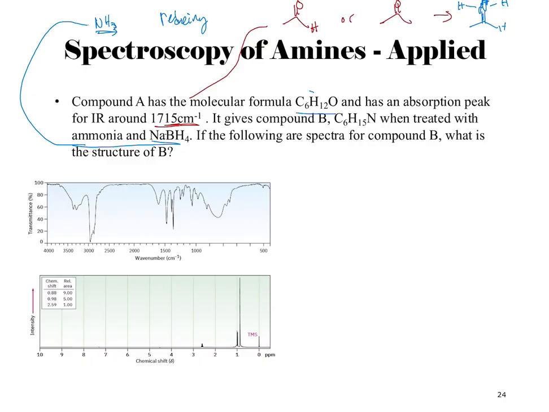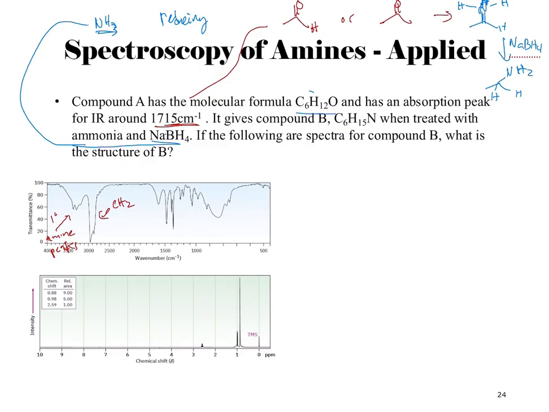And if it's converted into an imine and then reduced with sodium borohydride, then it'll get reduced into an amine. So that's how we're going to generate our amine here. If we look at the IR spectra, we see that this is an amine peak or peaks. And if we have 2 peaks, that means that it's going to be a primary amine. These look like CH2 stretches right there.